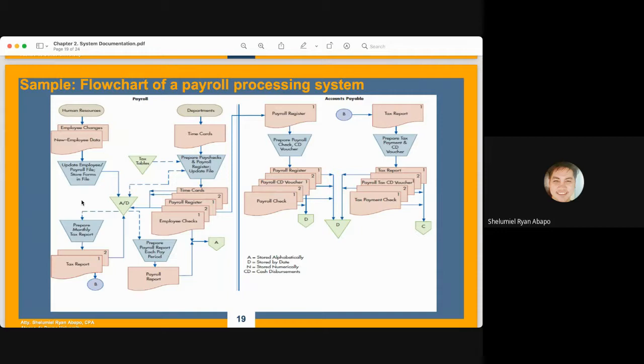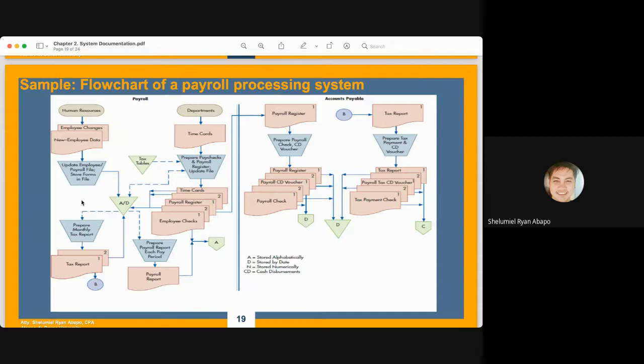But note that they are filed by A. It's alphabetical. Okay? And then if you notice, there is an on-page connector, which is letter B, after the preparation of the tax report, and it will continue now on the preparation of tax payment and cash disbursement or check disbursement voucher.